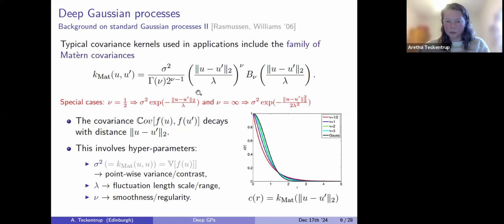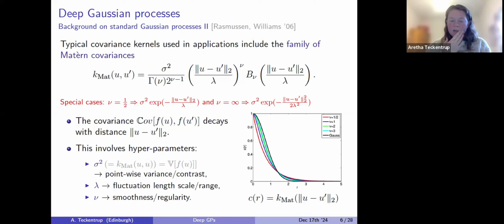So it does, for example, include the exponential covariance kernel, also called the Laplace kernel, which is this example here, where you take the exponential of the norm. And it also includes the squared exponential kernel, so called the Gaussian kernel or the RBF kernel, where you have the square of the norm inside the exponential. Okay.